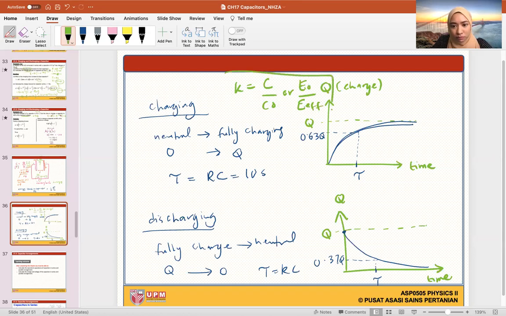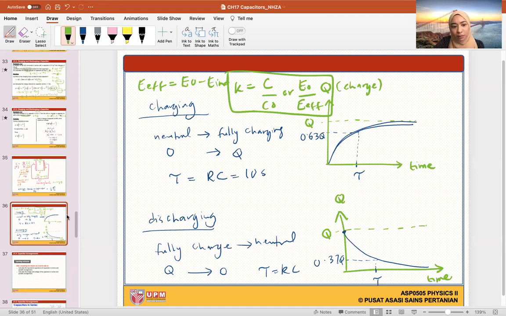So if they give you these values, E naught, which is the initial electric field before we put in a dielectric, and E effective is after you put in the dielectric, which is E naught minus E induced.